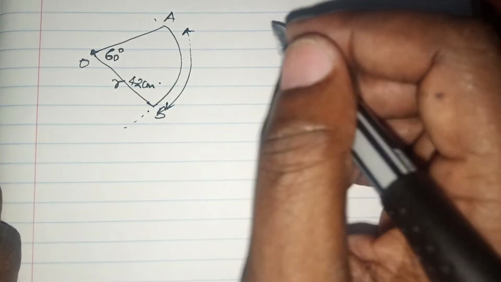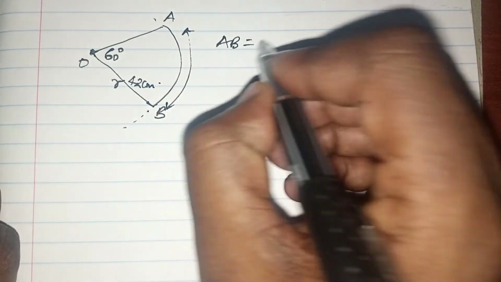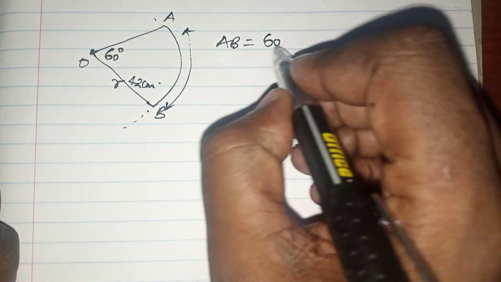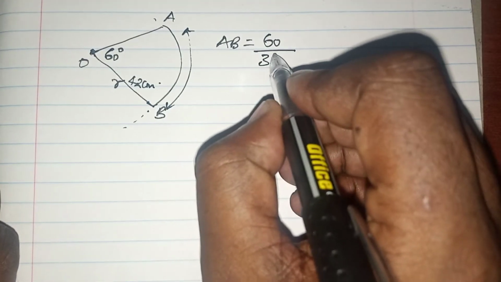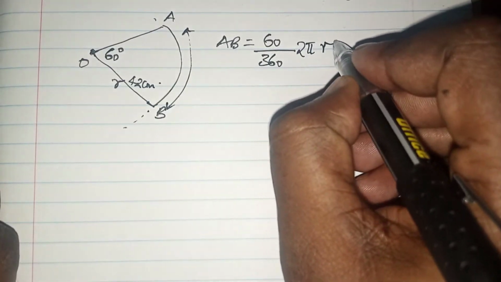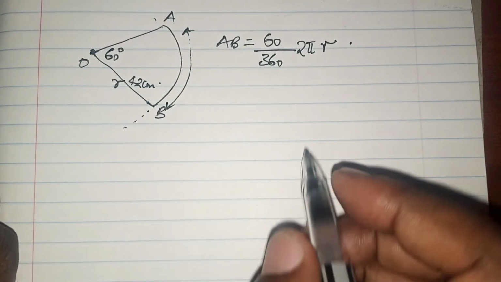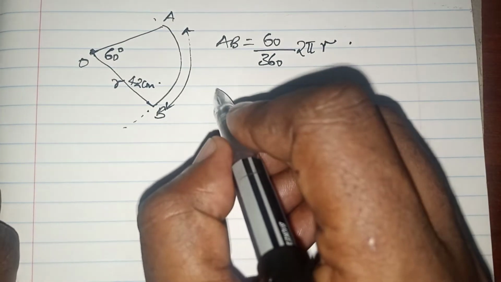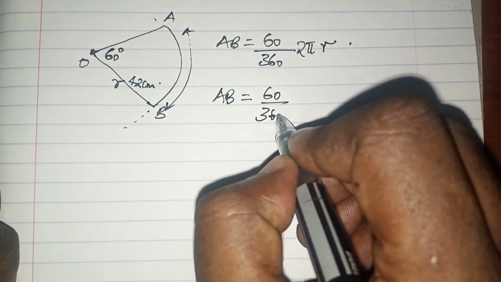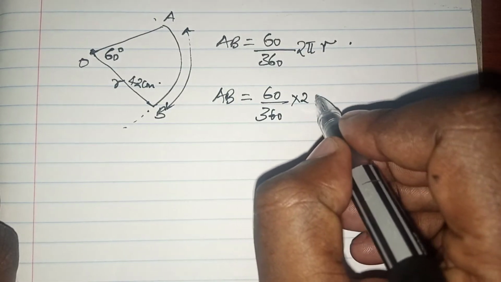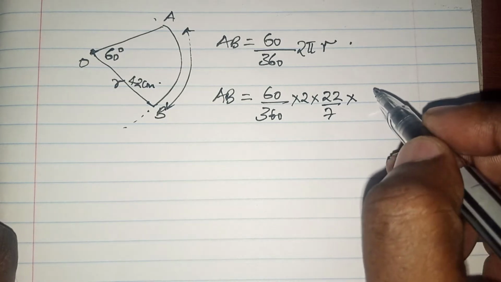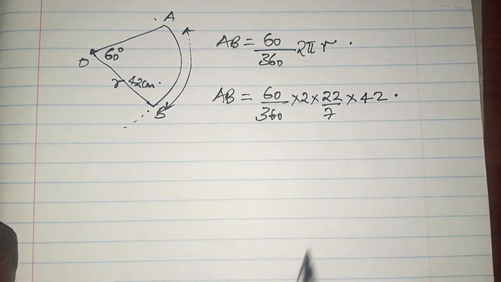And we know very well AB is given by the angle at the center, which is now 60, out of the total angle, times 2 pi r. And if you want to substitute now, AB is going to be equal to 60 out of 360 times 2 times pi, which is 22 over 7, times the radius, which is 42.